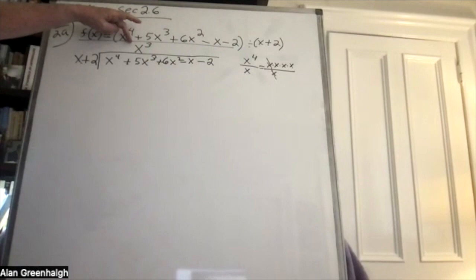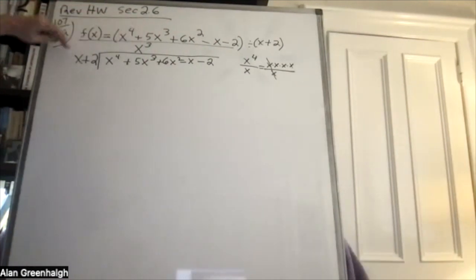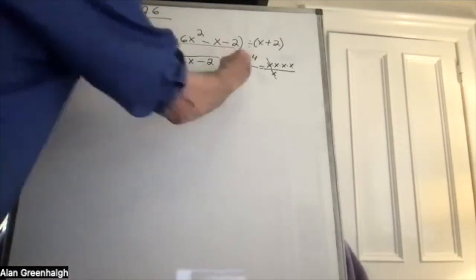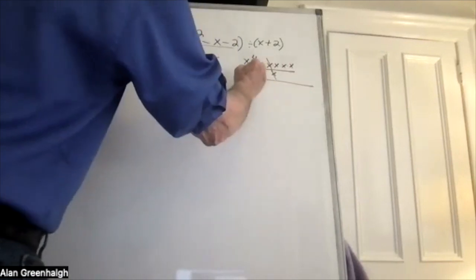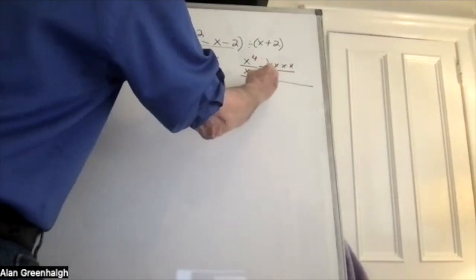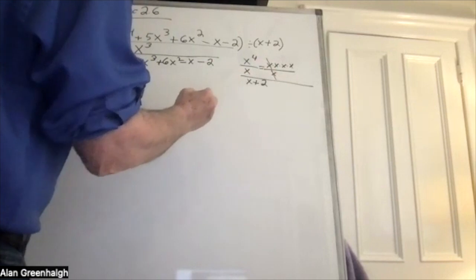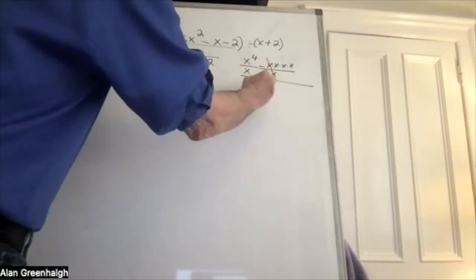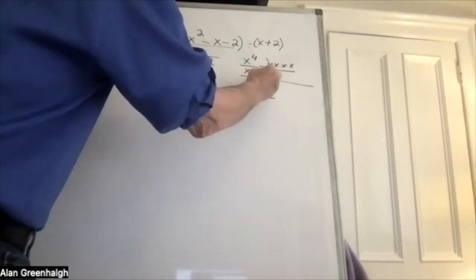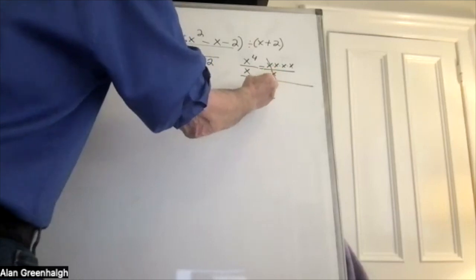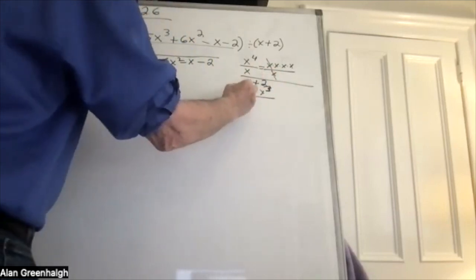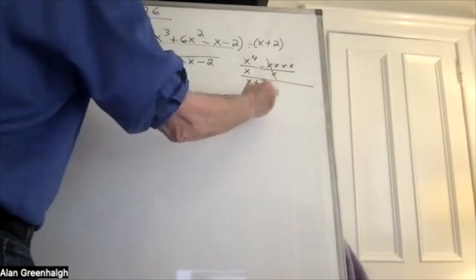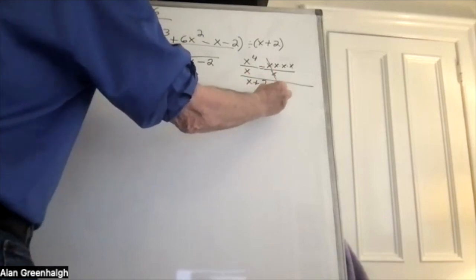Then you want to multiply x to the third times x plus 2. You go back over here on the side. You take x plus 2 times x to the third. X to the third times x is x to the fourth plus 2x to the third.